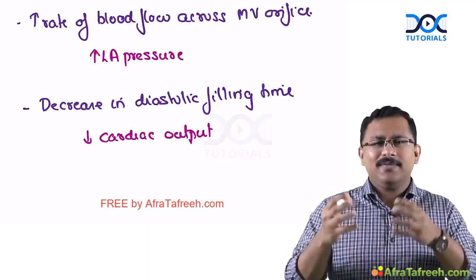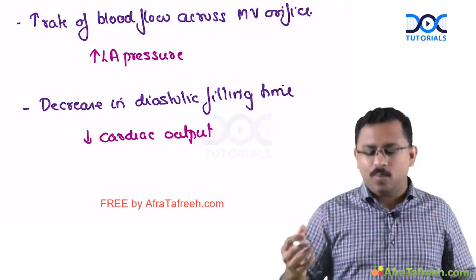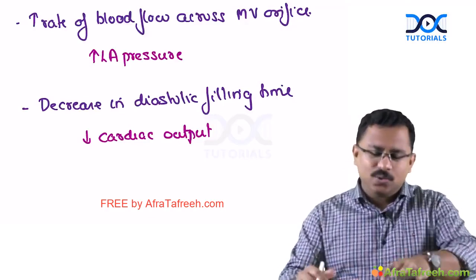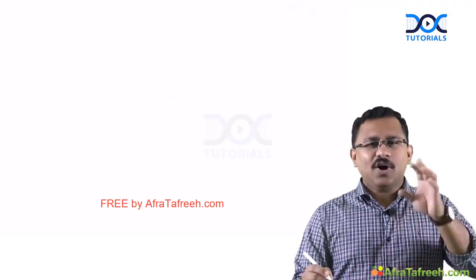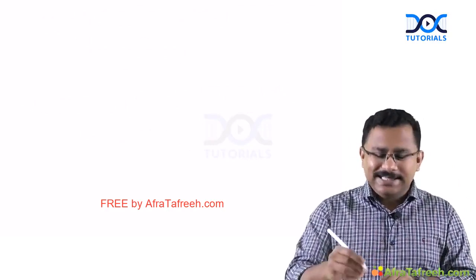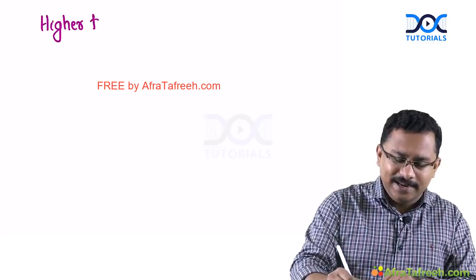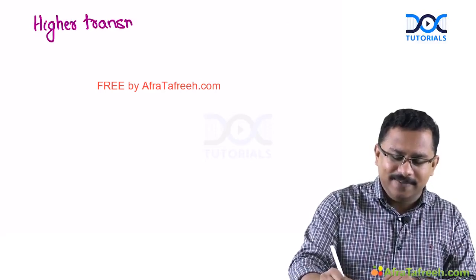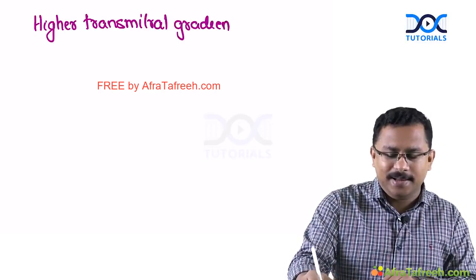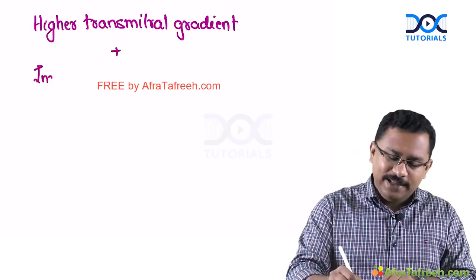When there is a significant or severe mitral stenosis, the forward cardiac output is also decreased. So basically, what I am trying to tell you is that the majority of the clinical manifestations of mitral stenosis are the result of a higher transmitral gradient, the gradient across the mitral valve, plus inadequate LV filling.